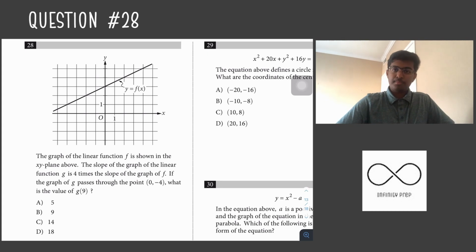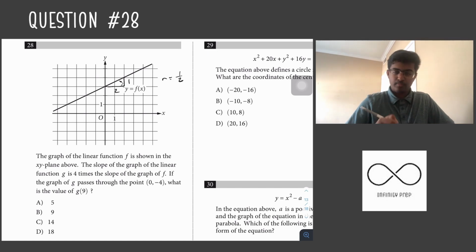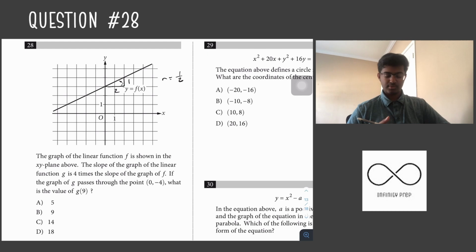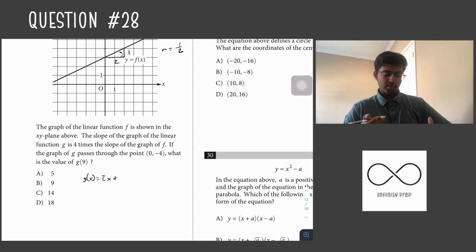Slope is rise over run. Here, the rise is 1, and the run is 2, so m equals 1 over 2 for the graph of f(x). It says g has 4 times the slope of the graph of f, so g of x is equal to 4 times 1 over 2, which is 2x, plus the y-intercept. The y-intercept is where the graph intersects the y-axis.